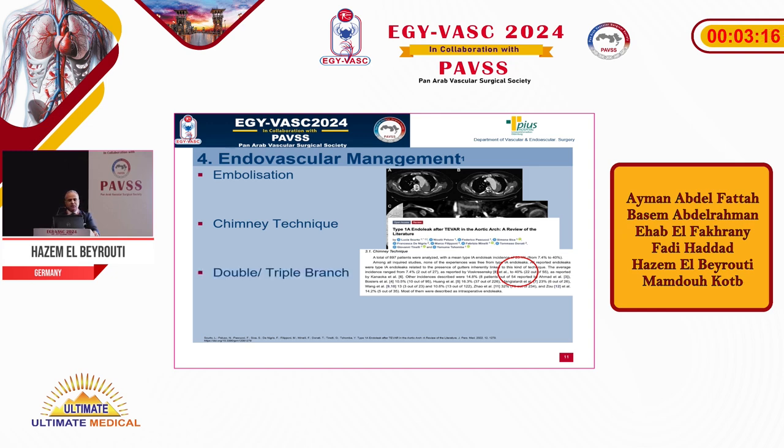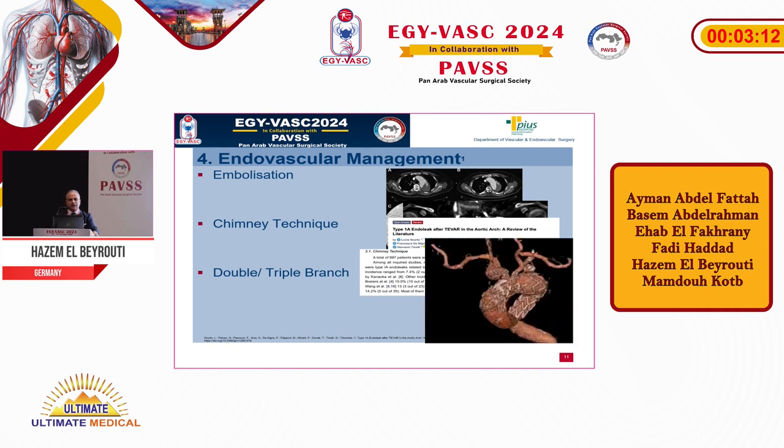Double and triple branch has good results with a re-endoleak incidence of 2%, but we should know that this kind of operation also has limitations, such as prior CABG in the ascending aorta, or aneurysms of more than 45 millimeters in the ascending aorta.